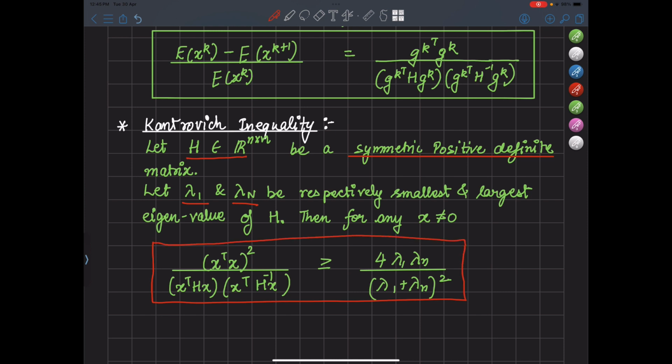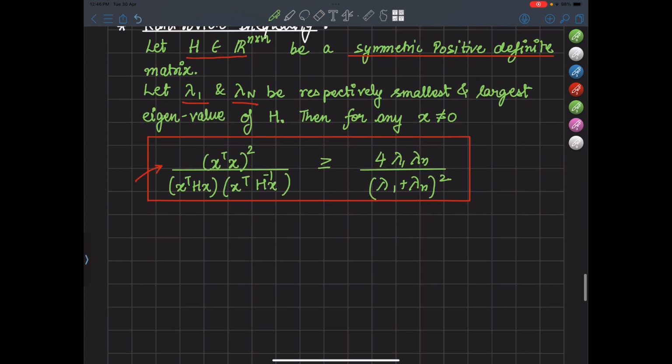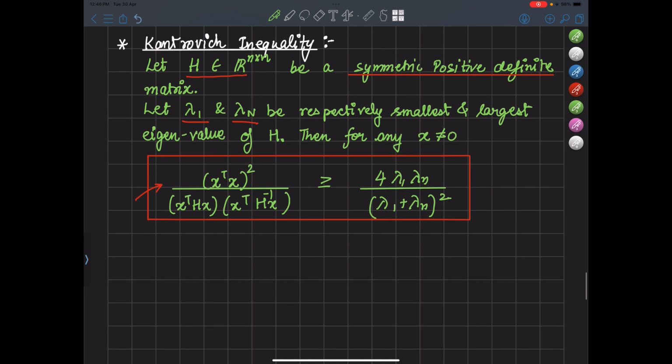And if you look at the expression, the left hand side of this looks a lot like this here. So we can use this inequality to get some bounds on the relative decrease in error. We'll not derive this inequality, we'll use it as a result.